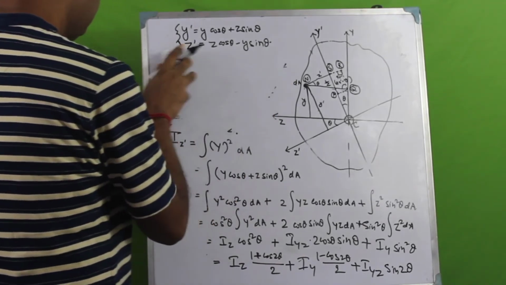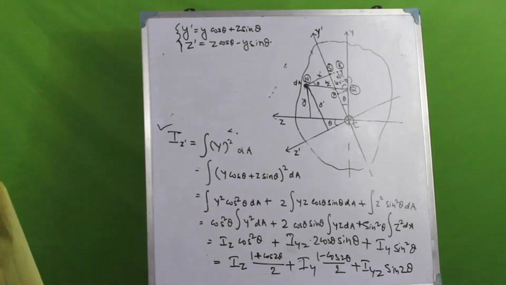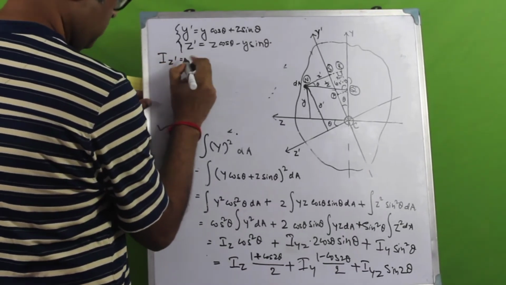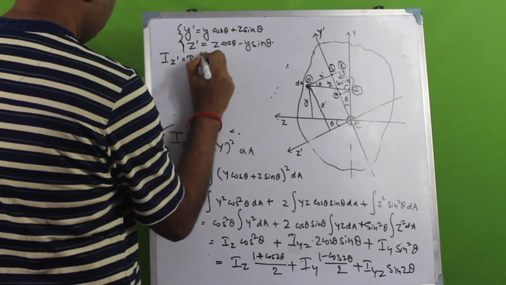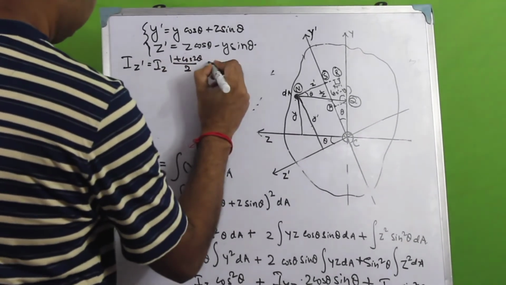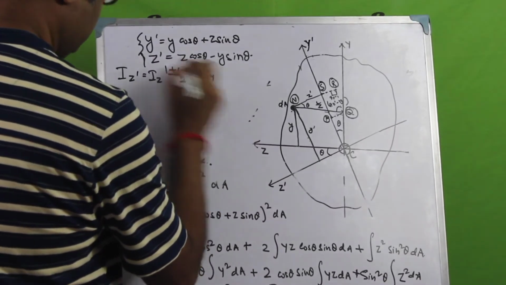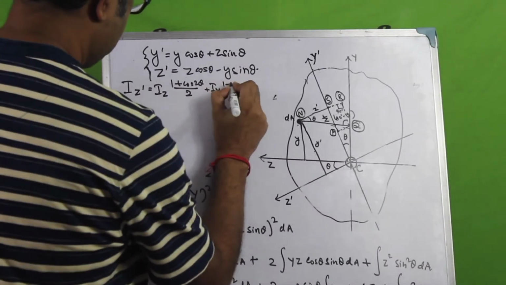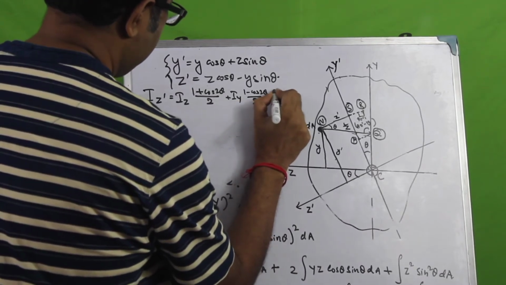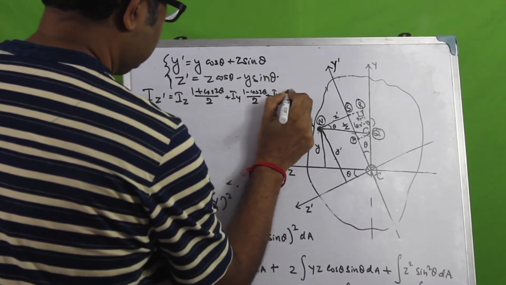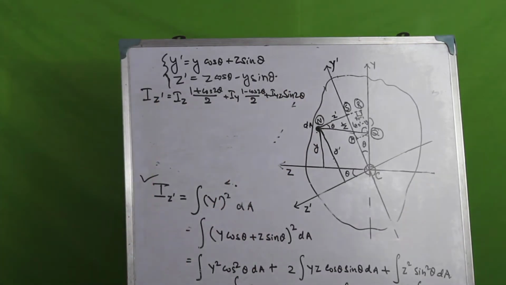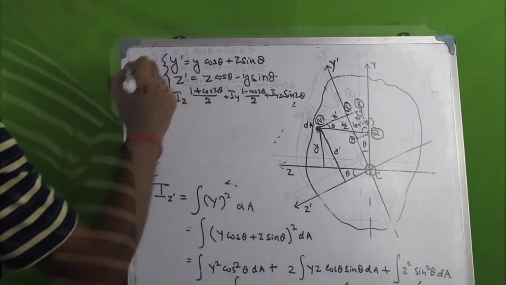So we have found that Iz dash is equal to Iz times (1 plus cos 2 theta) by 2, plus Iy times (1 minus cos 2 theta) by 2, and Iyz sine 2 theta. So this is the value of Iz dash.